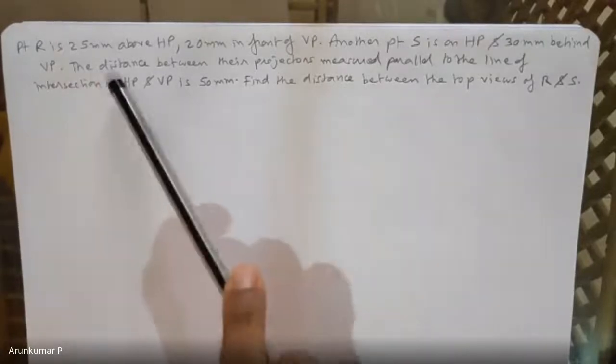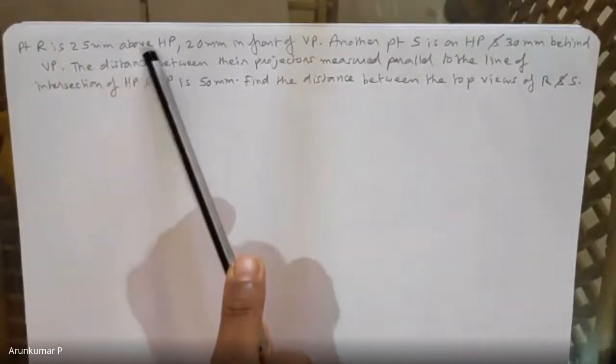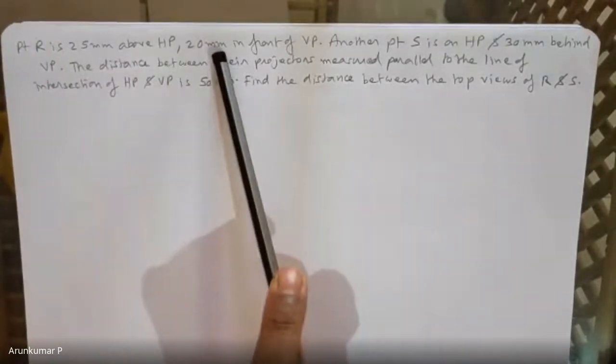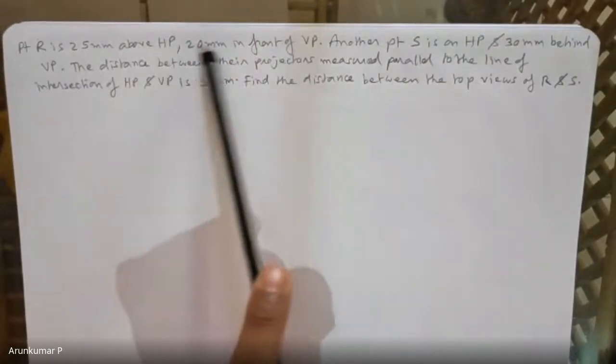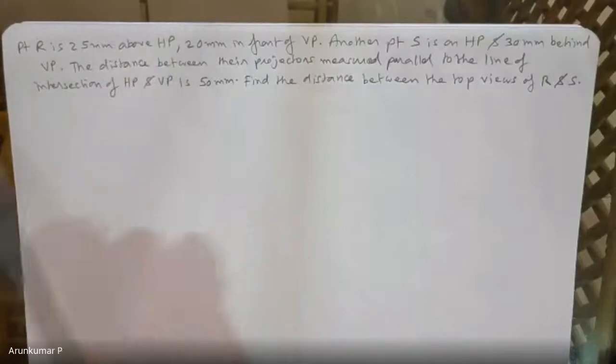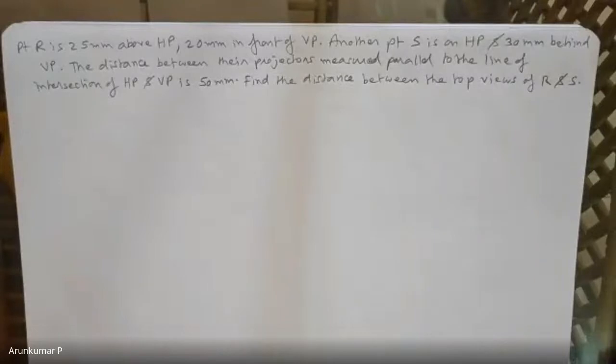So you have a point R which is 25 mm above HP, 20 mm in front of VP. So we know that this point is in which quadrant? Point R, above HP, in front of VP. First quadrant. Yes.